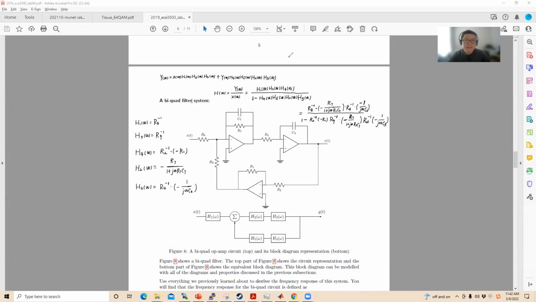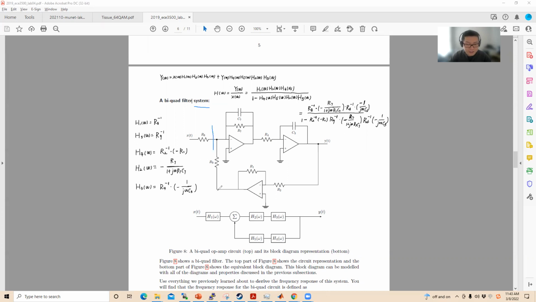To analyze this system, what you need to do is first separate this complex system into distinctly different individual systems.